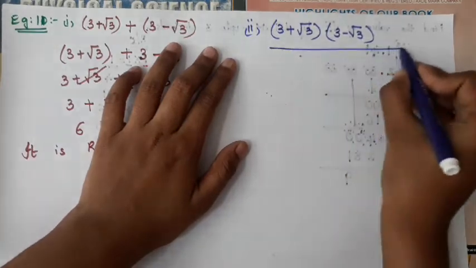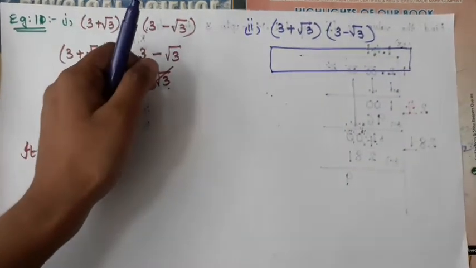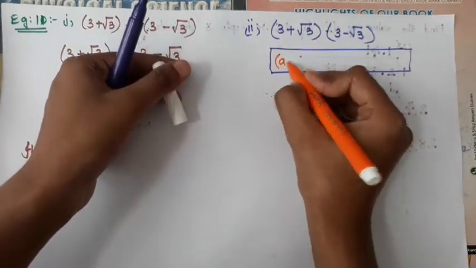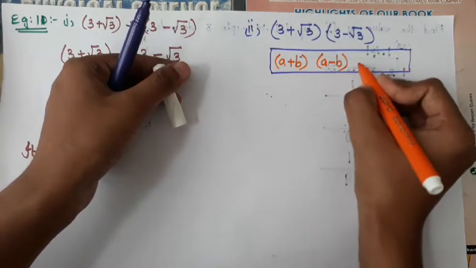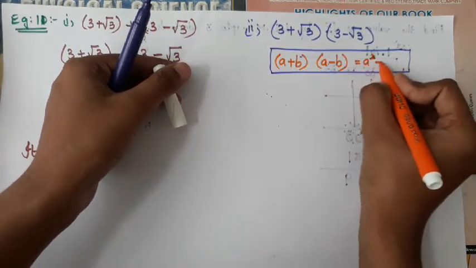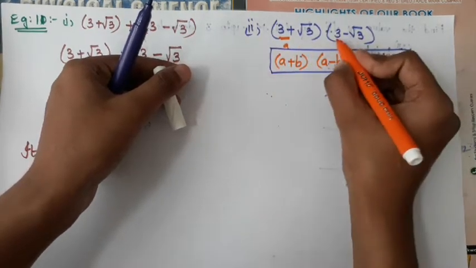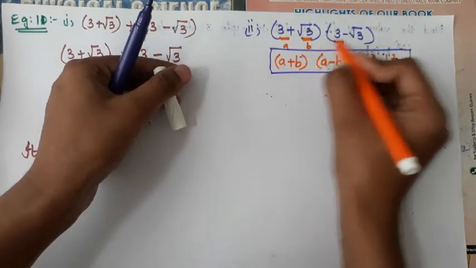Now we have to write the formula. What is our formula? A plus b, a minus b is nothing but a square minus b square. What is a? 3 is a. See, these both are the same, so this is a and this will be your b.